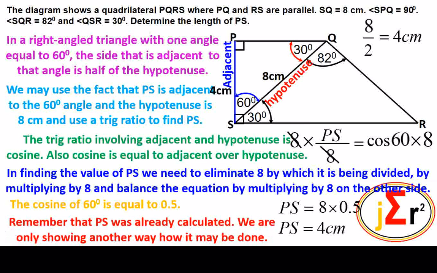So remember that PS was already calculated. We are only showing another way how it may be done. And this way that we are showing will be the legitimate way as it pertains to what is required in an examination. The previous method is just to ensure that before we start, we know what the correct answer will be.